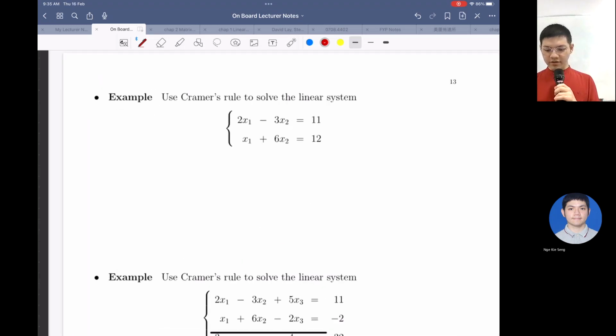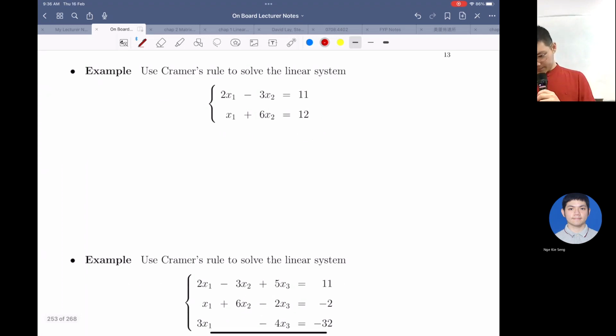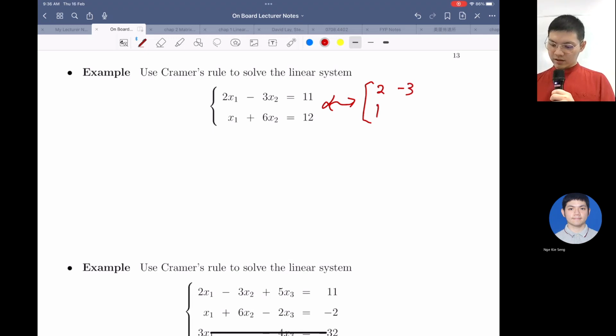Let's try to use Cramer's rule to solve the linear system. Let's do one together, and then later I will let you try. From this linear system, in your mind you should automatically transform it to a matrix equation.